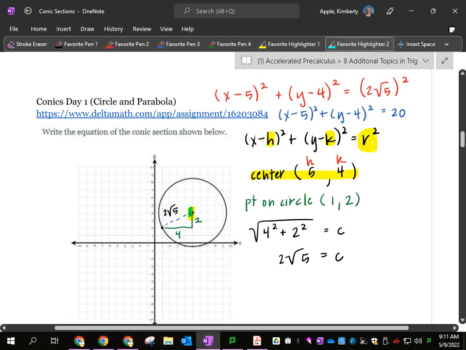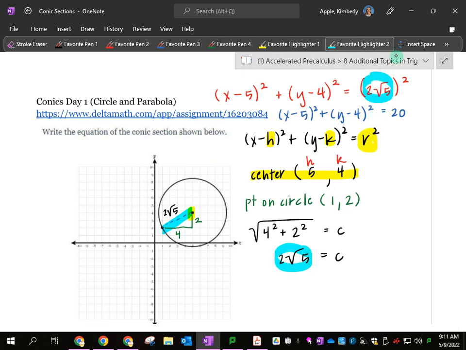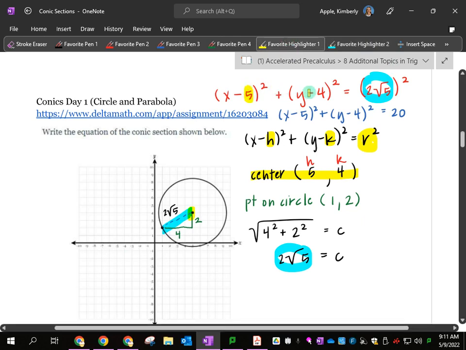And then I had to actually calculate that radius because it wasn't right on a grid point. I wasn't able to count the length of this radius, so I had to use the Pythagorean theorem to get it. I took the radius and squared it for r squared, and then I just put the center in for h and k. Okay?